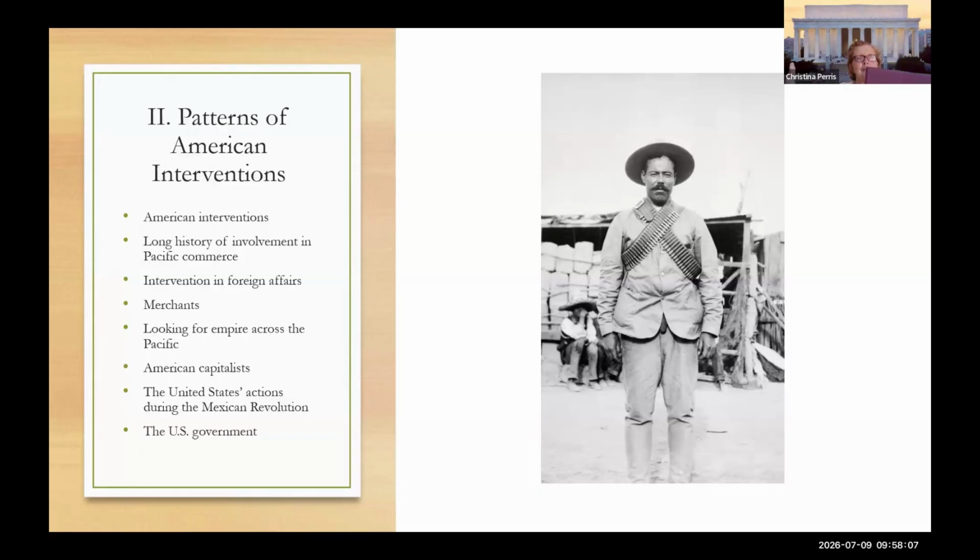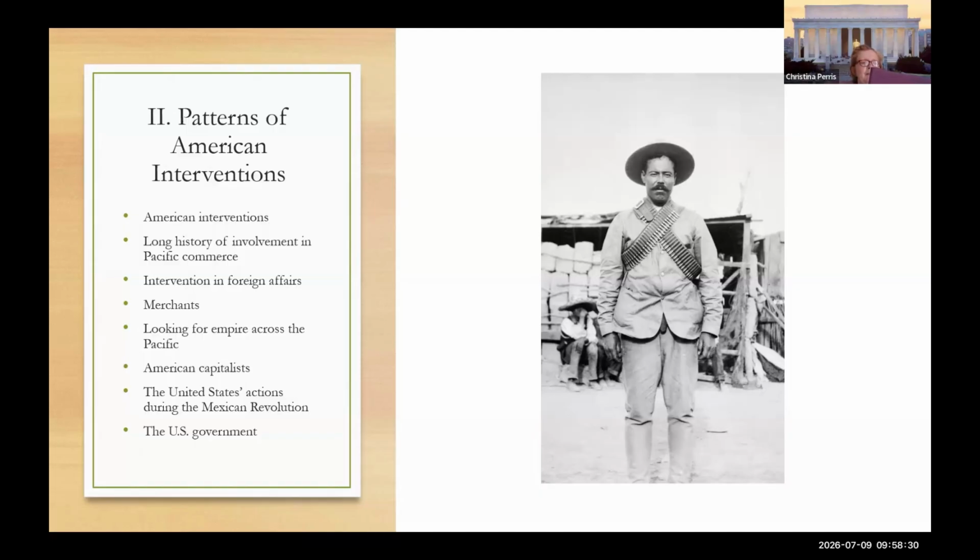And they also knew that the United States was eyeing Hawaii because of its strategic position out in the Pacific. As we will see, this leads to the eventual annexation of Hawaii, and the brutal deposition of the final queen of Hawaii.